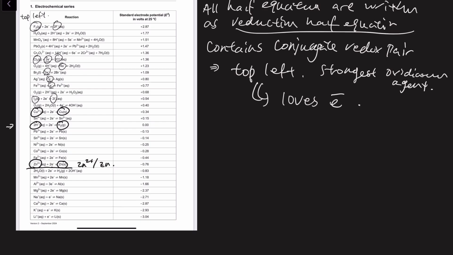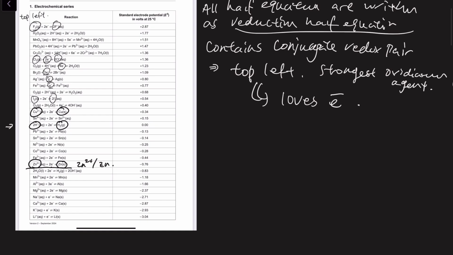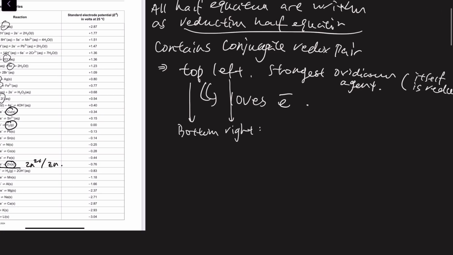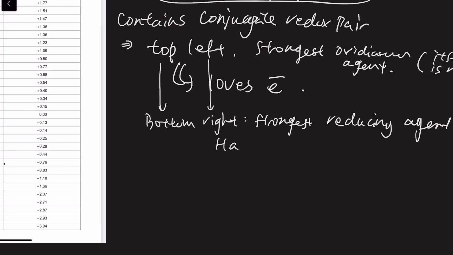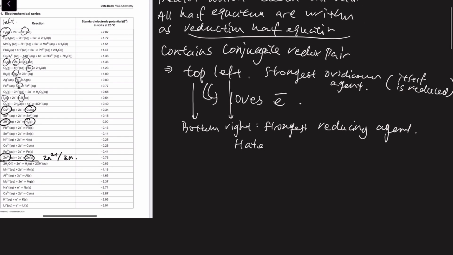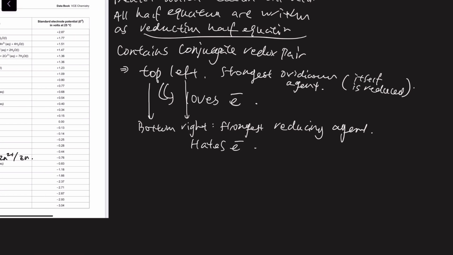So conversely, the opposite of top is bottom, and the opposite of left is right. So the bottom right is actually the strongest reducing agent. It really hates electrons, really wants to become oxidized.